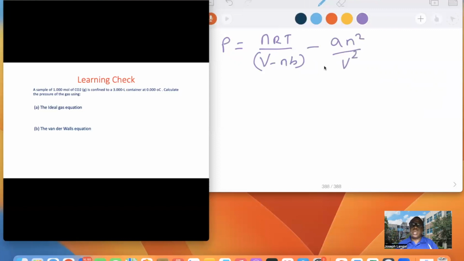This is making pressure the subject of the formula. We want the pressure. The rest, you have to plug in the values.